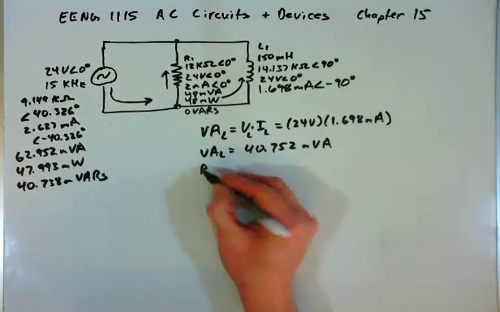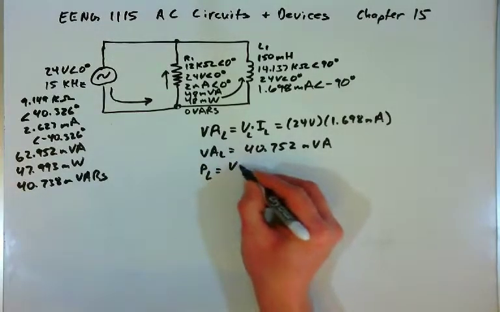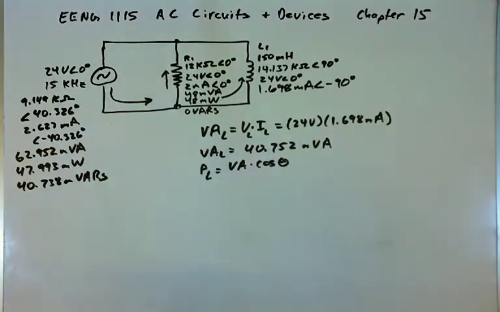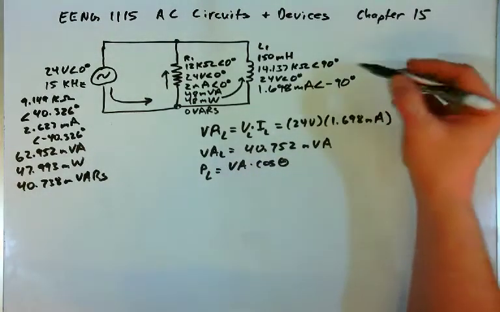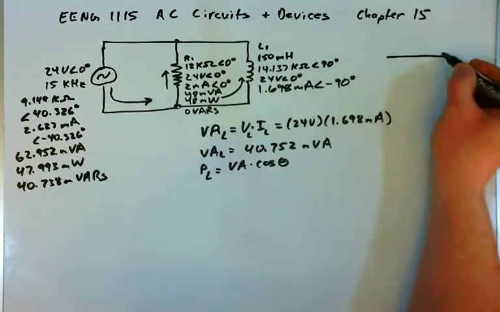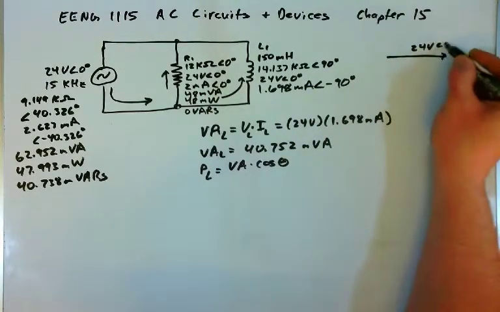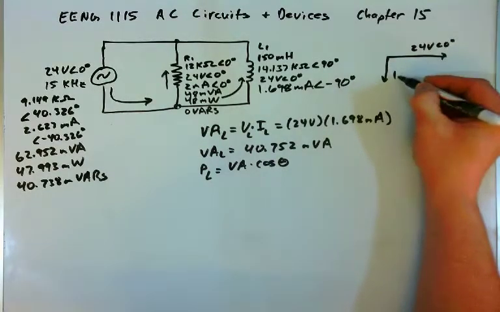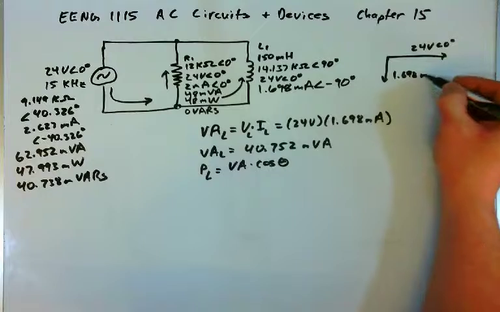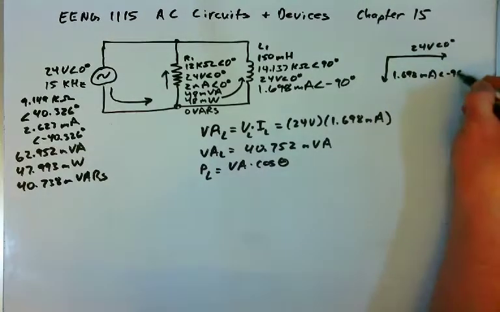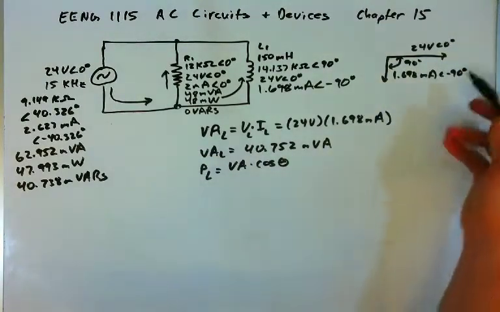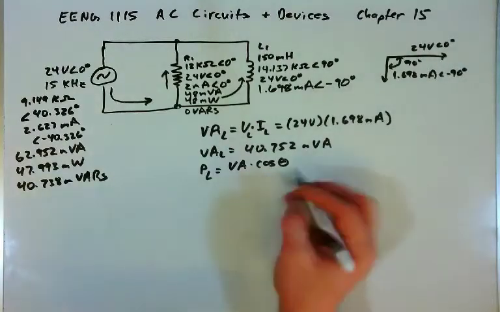Now we can find the power of the inductor, which will be the volt amps times the cosine of the angle between the voltage and the current. The voltage is 24 volts at 0 degrees, and the current is 1.698 milliamps at negative 90 degrees, and so the angle between them is 90 degrees, the absolute value of that angle.